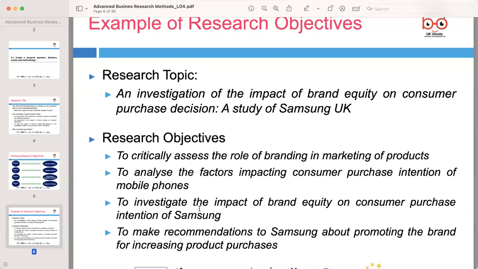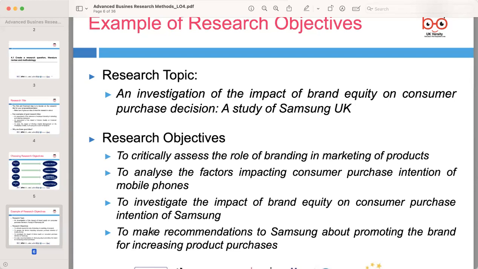So to investigate the impact of brand equity on consumer purchase intention of Samsung. In this objective, we will research the relationship between brand equity and consumer intention to buy Samsung products.